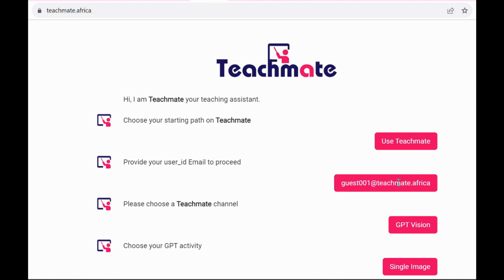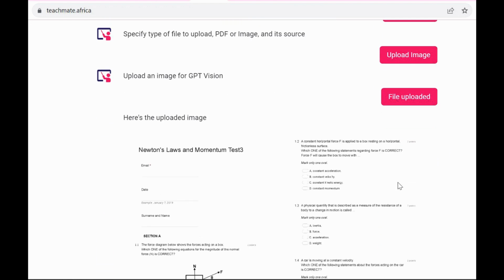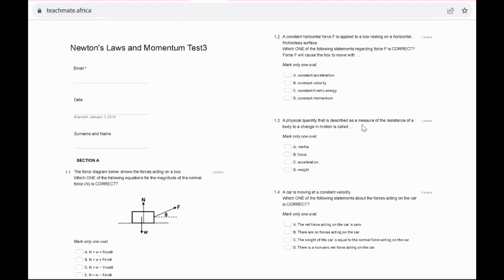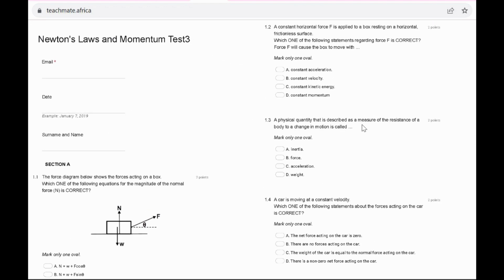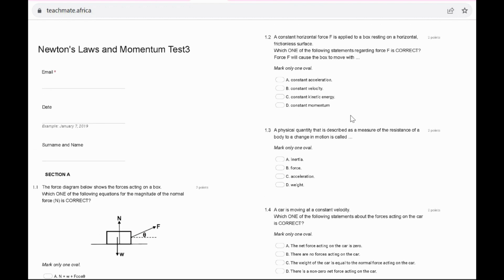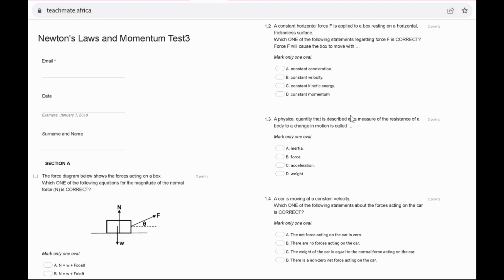And here, in this session on Teachmate, I have worked on answering a test that I'd given to learners earlier in the year. And this is a simple multiple choice test on Newton's laws and momentum. And I just wanted to ask it to answer it.